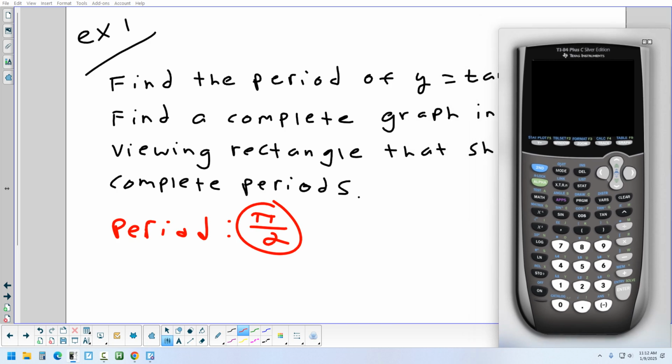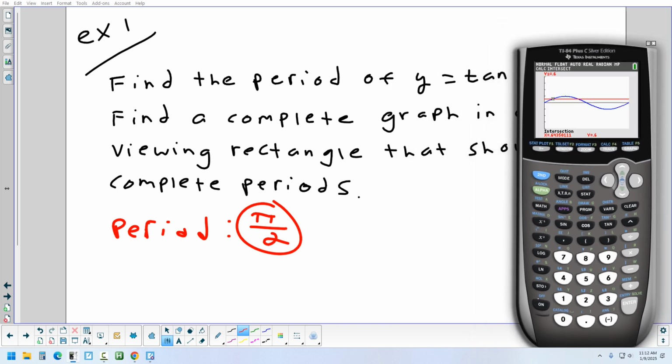Okay. Well, if one cycle is pi over 2, how big is 3 cycles? 3 pi over 2. So the easiest way to set up a window that has a width of 3 pi over 2 is to just go from 0 to 3 pi over 2. Okay? Any window that has a width of 3 pi over 2 will work.